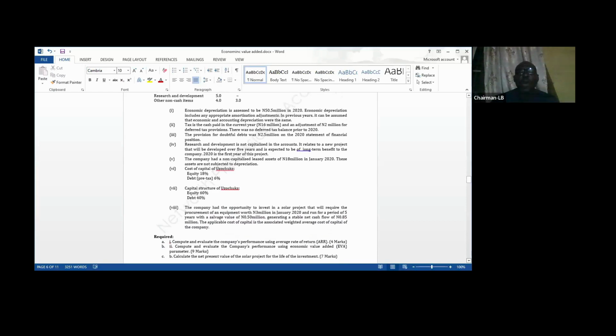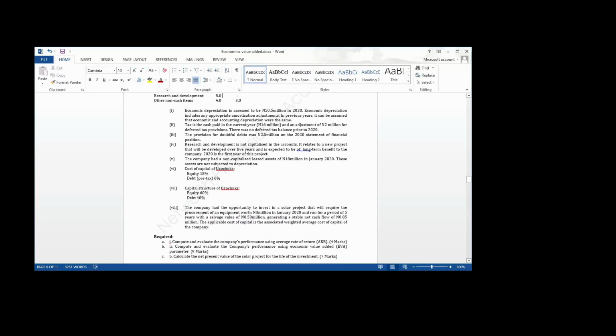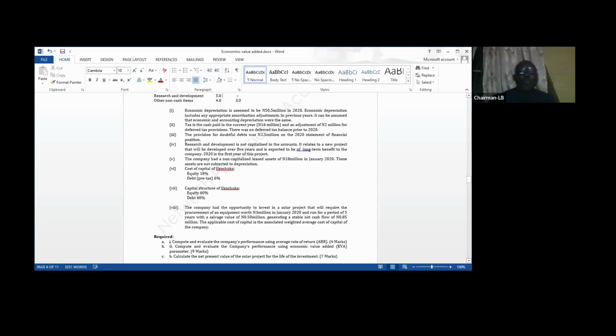The company had the opportunity to invest in solar projects that will require the procurement of equipment worth 3 million in January 2020 and run for a period of 5 years with a salvage value of 0.5 million, generating a stable net cash flow of 0.85 million. The applicable cost of capital is the weighted average cost of capital of the company.